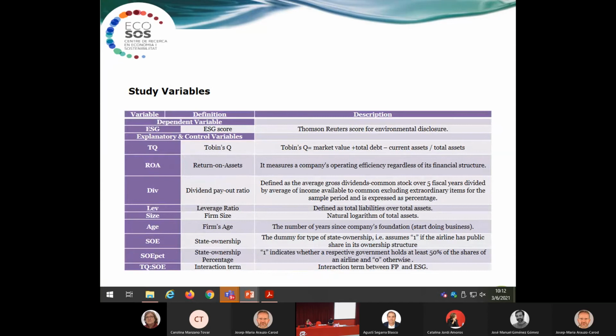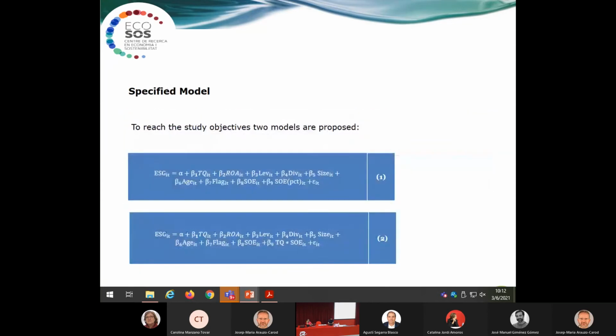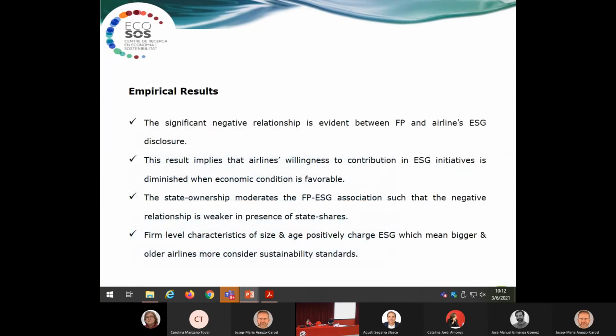Here are some study variables and models, which I'm going to skip, because I know probably some of you find the presentation boring. The empirical finding is that we found significant evidence of a negative relationship between financial performance and ESG activities.